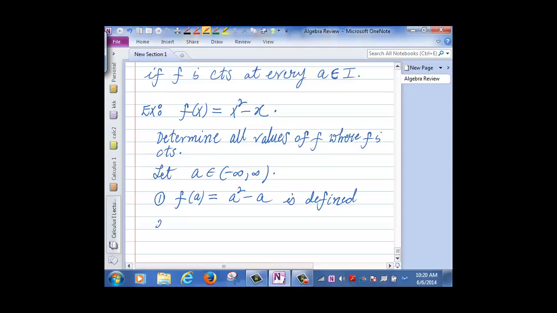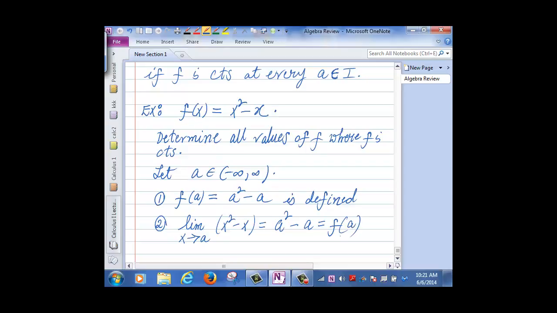And number two, I have to make sure that the limit at A is the same as the value of f at A. So what's the limit at A of x squared minus x? Well, if I have a polynomial function, we know that we can find the limit by plugging in the number, and in this case we see that the value is exactly f of A, right?